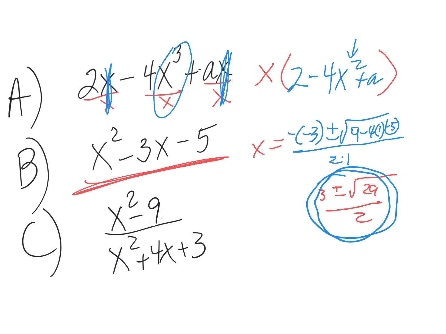Okay, and then part C, which is x squared minus 9. Ooh, I know how to factor that. x plus 9 and x minus 9. Am I right? Bertha, is that right? No, it's not.